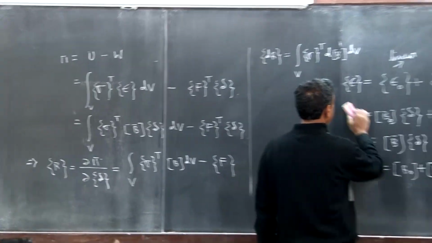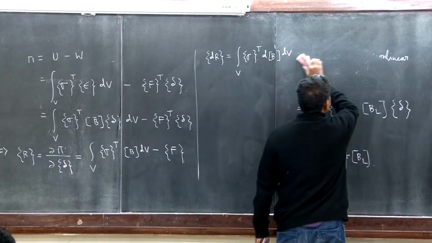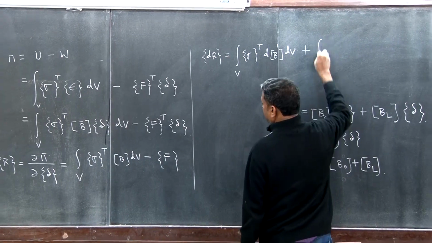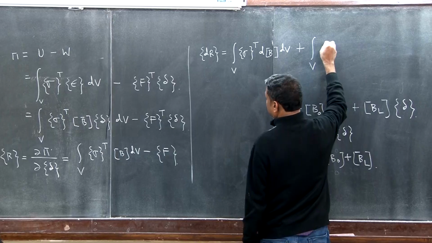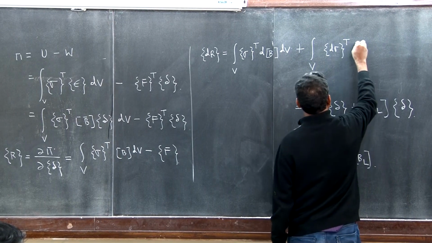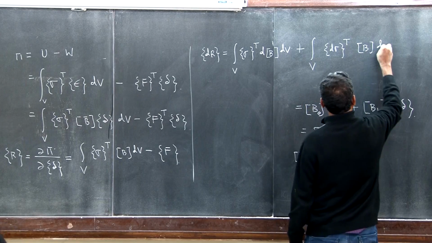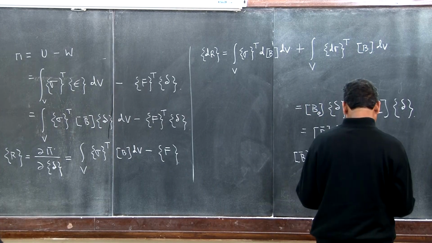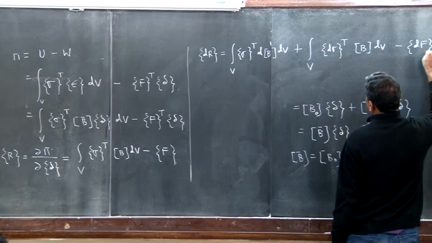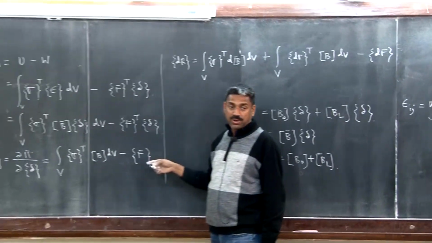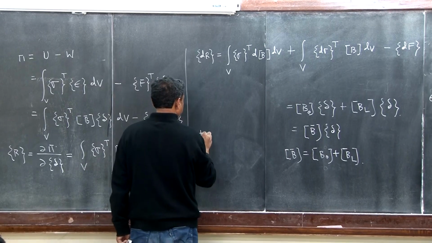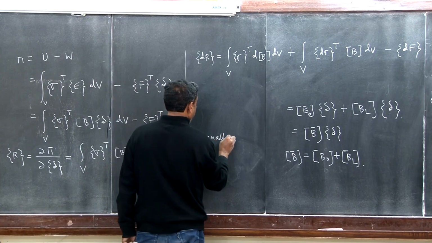So I can remove it, and then plus integration over V of d sigma transpose B dV minus dF. F means externally applied load. Please note that F is the nodal load, the externally applied load, right?